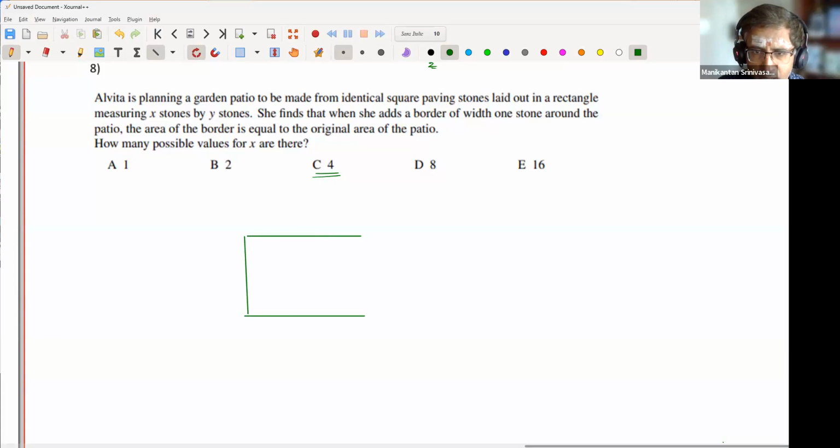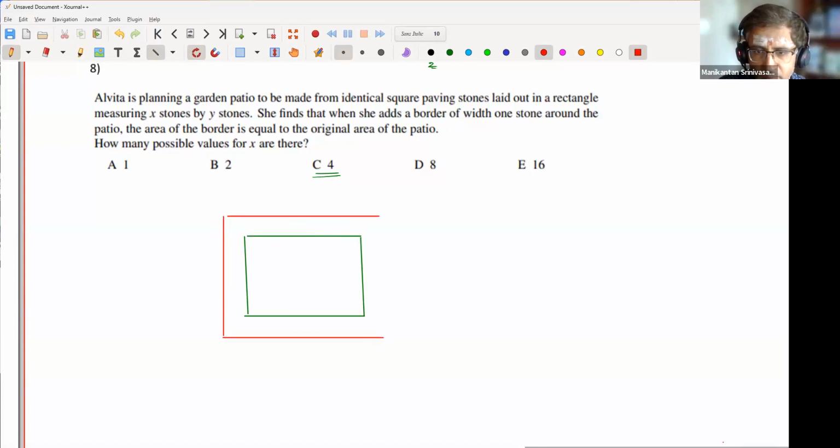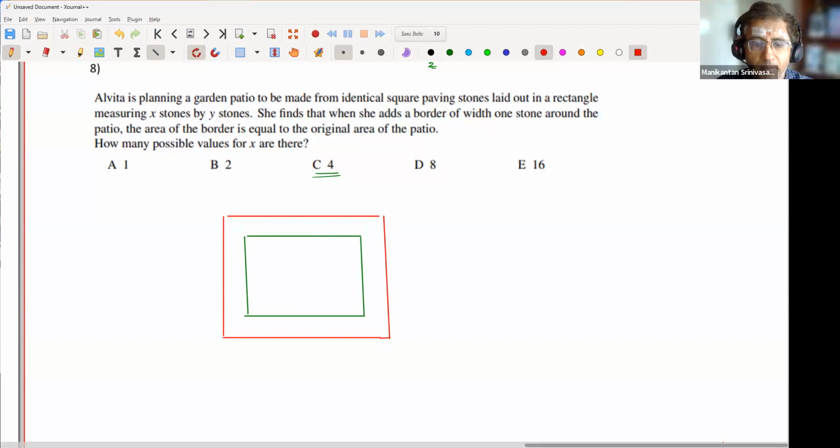Okay. All right. So this is a rectangle, and then you have a uniform garden around this. Sorry, it's not so uniform. That's fine. When she adds a border of 1, how many possible values for x? What is x?